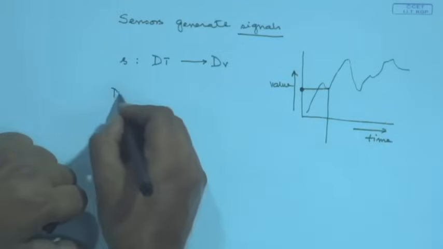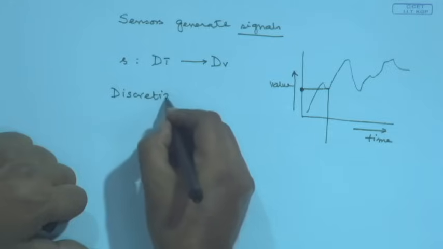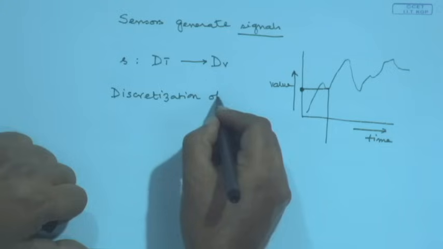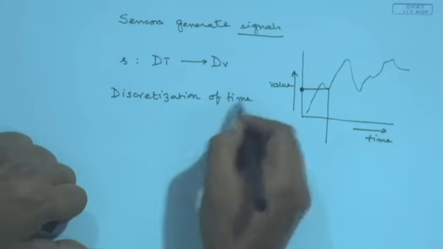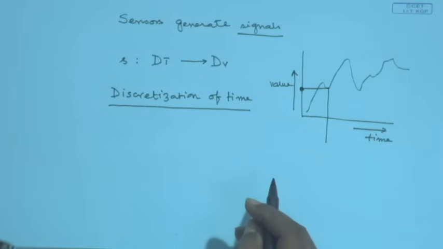We want to do discretization of time. We are not discretizing the signal, we are trying to discretize the time. All right. Now, how do I discretize the time and yet get the value?